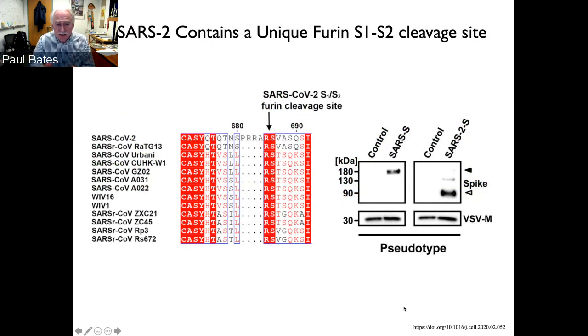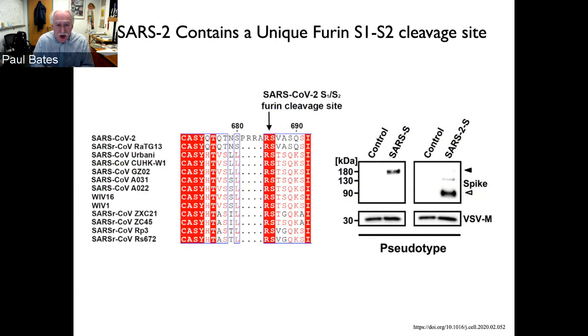And as Susan mentioned, a number of groups have noted this, and they've compared it to influenza. So we know for highly pathogenic avian influenzas, for example, they acquire a much better cleavage site between HA1 and HA2. And it's been hypothesized that this much better cleavage site between S1 and S2 is part of the reason for the high pathogenicity of this virus.